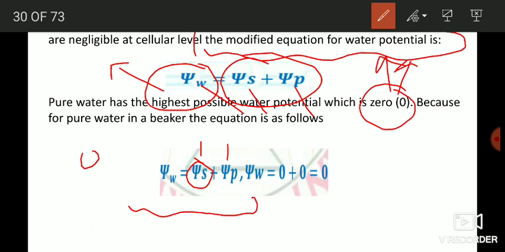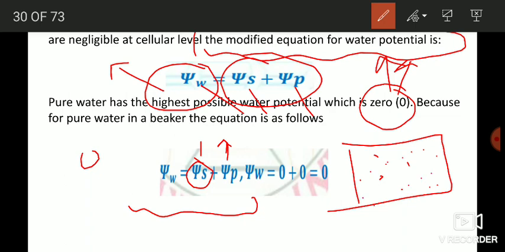And there is no osmotic entry of water in, say this is a cell. It is a container containing water without any solute. In this cell, psi s is 0 because there is no solute present.